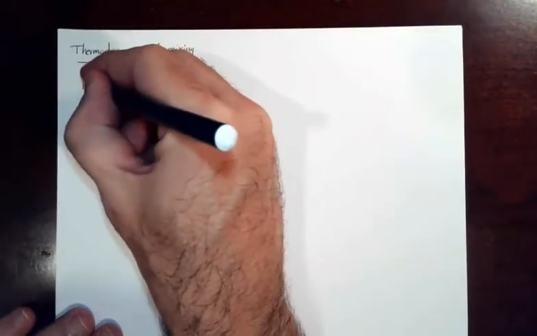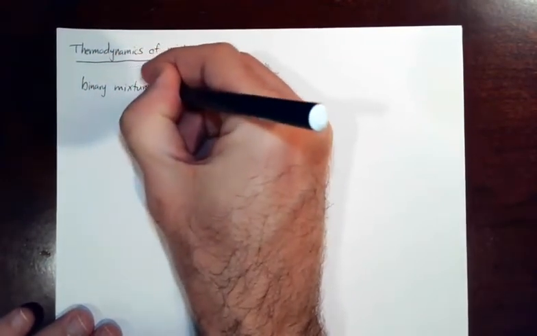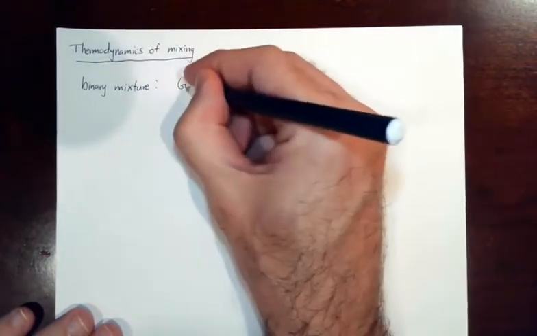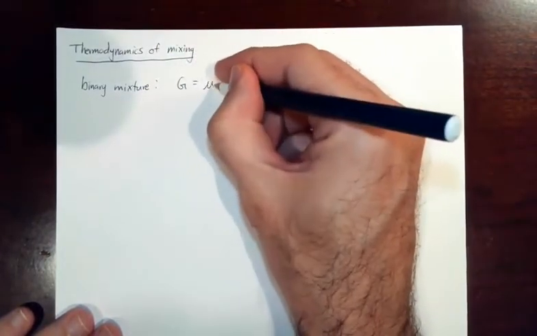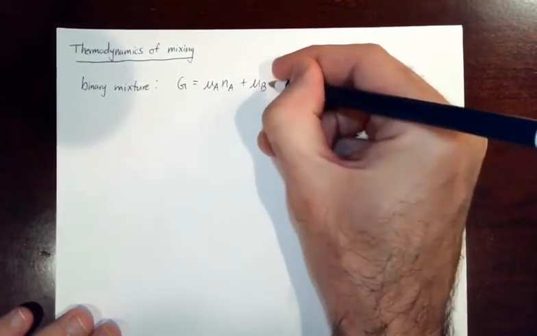Okay, so let's talk a little bit more about the thermodynamics of mixing. For a binary mixture, we've already seen that G can be written as mu A Na plus mu B Nb.